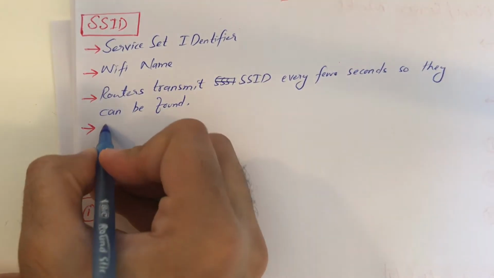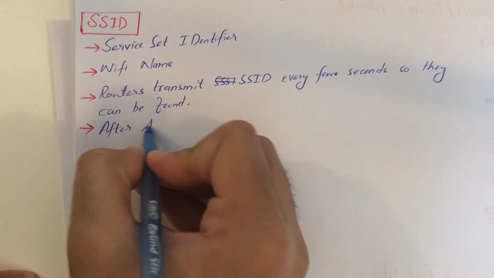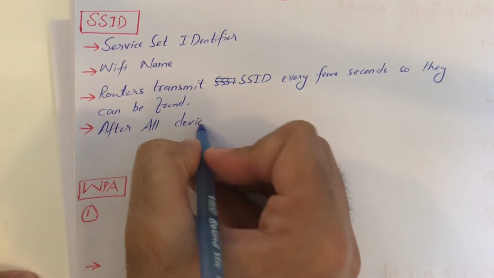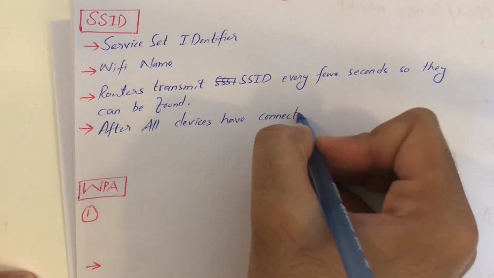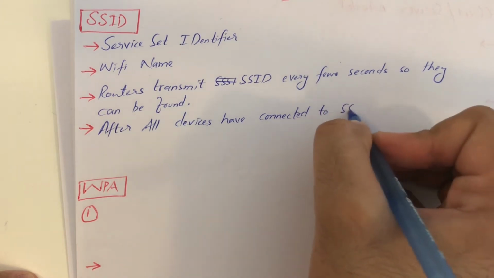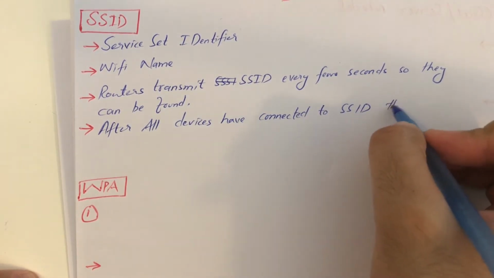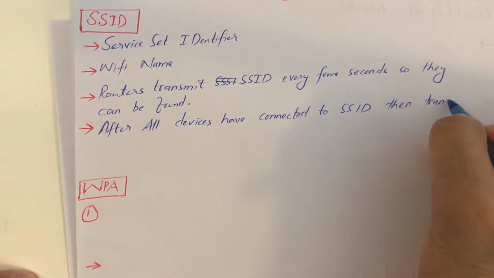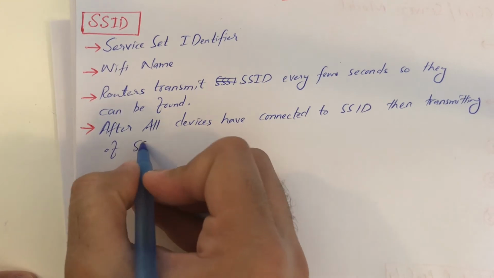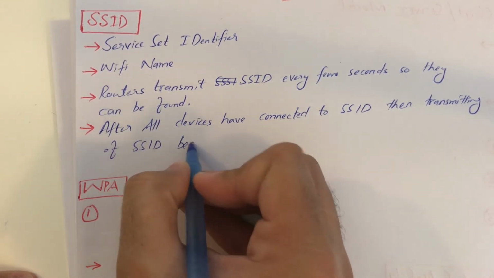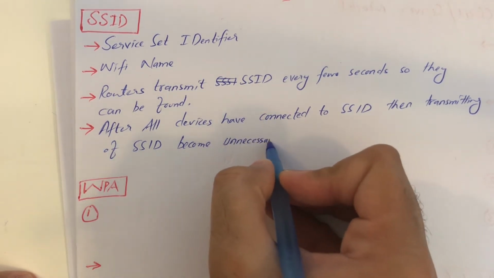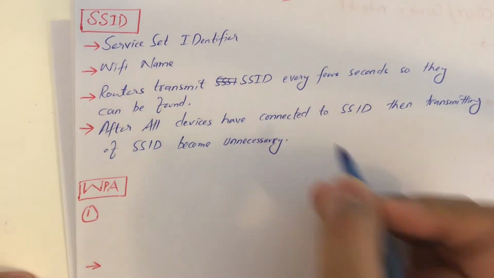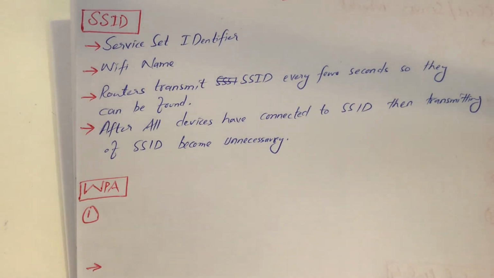So what I'm trying to say is, after all devices have connected to the SSID, then transmitting of SSID becomes unnecessary because it just lets the devices know that I exist here. That's basically where I'm located.